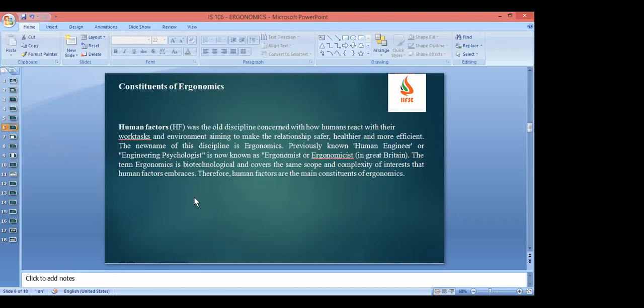Constituents of ergonomics. So what are the factors they will consider? The main factor is the human factor, the discipline concerned with how humans react to their work tasks, and environment, aiming to make the relationship safer, healthier and more efficient.